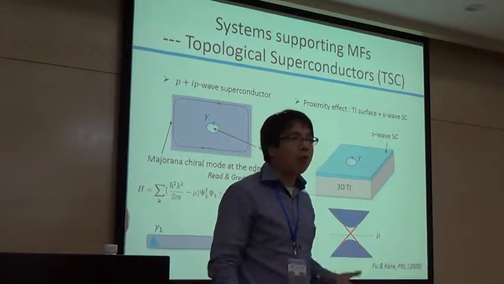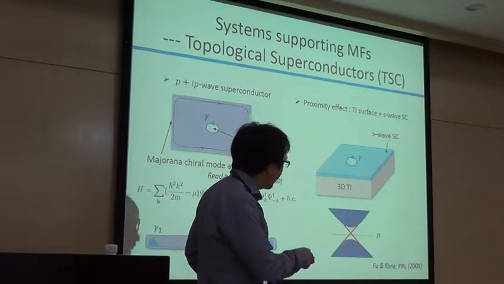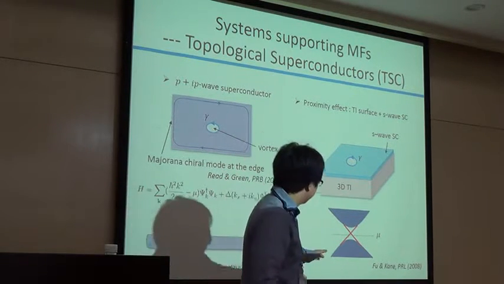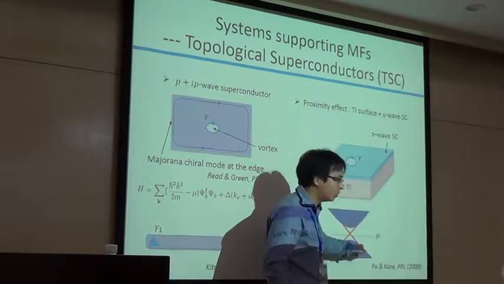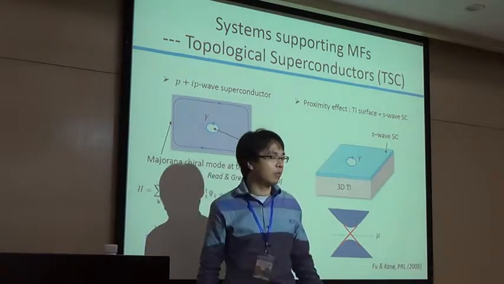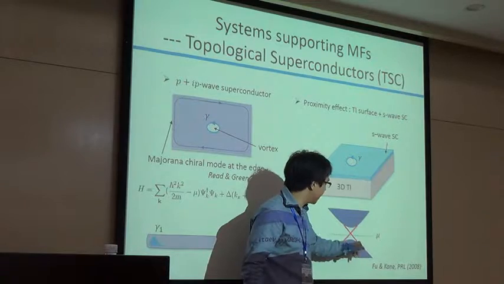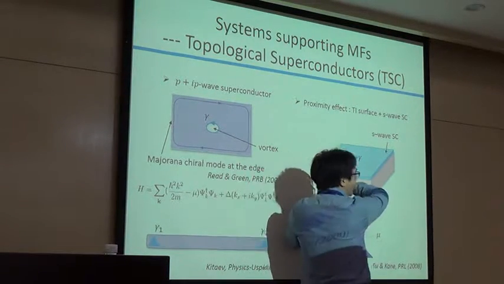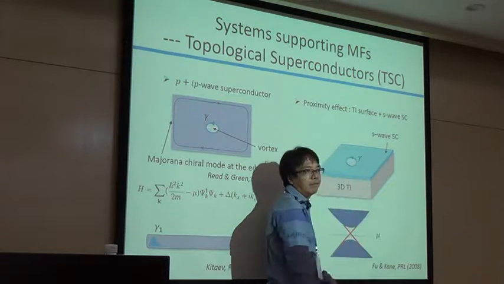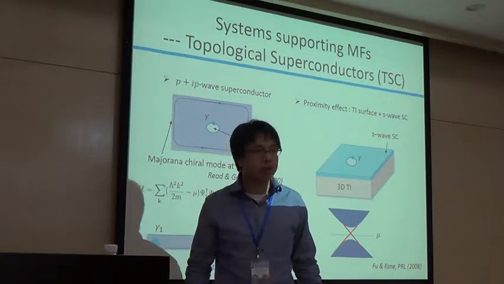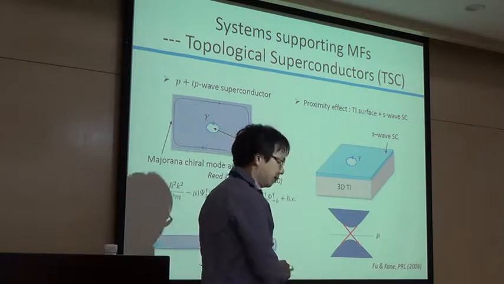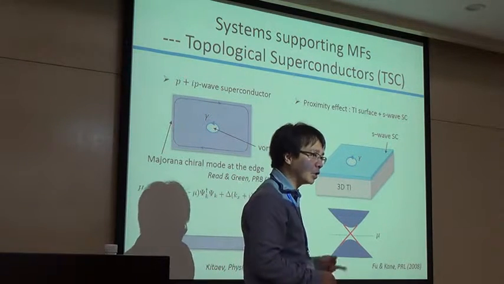But for a topological insulator, what happens is that you have surface states connecting the valence band with the conduction band. You connect them, and these states, if you look at the wave function, they are actually localized at the surface of the topological insulator.